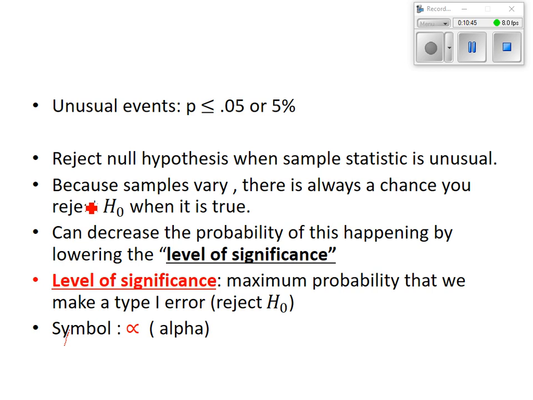So if we do a symbols test, remember, alpha is the level of significance. I don't want you to just write alpha. And I don't want you to write mu for that. What's the mean of the sample?